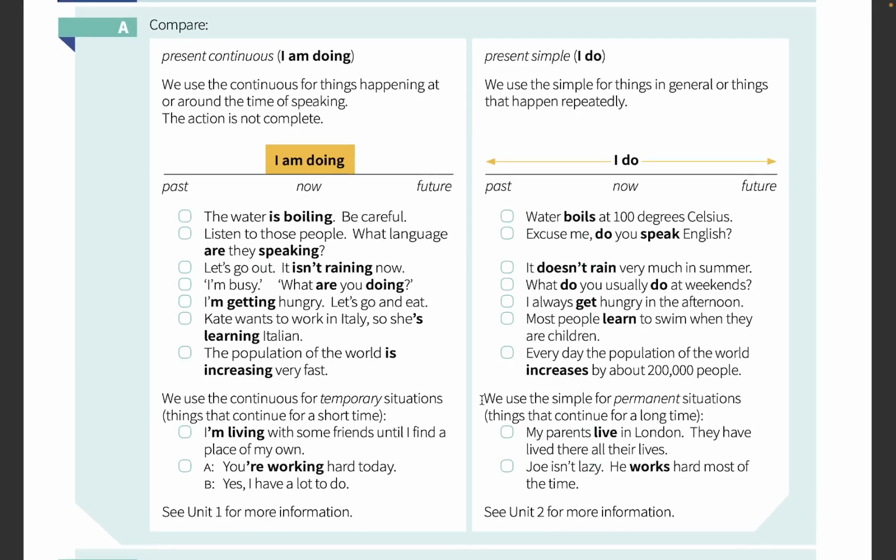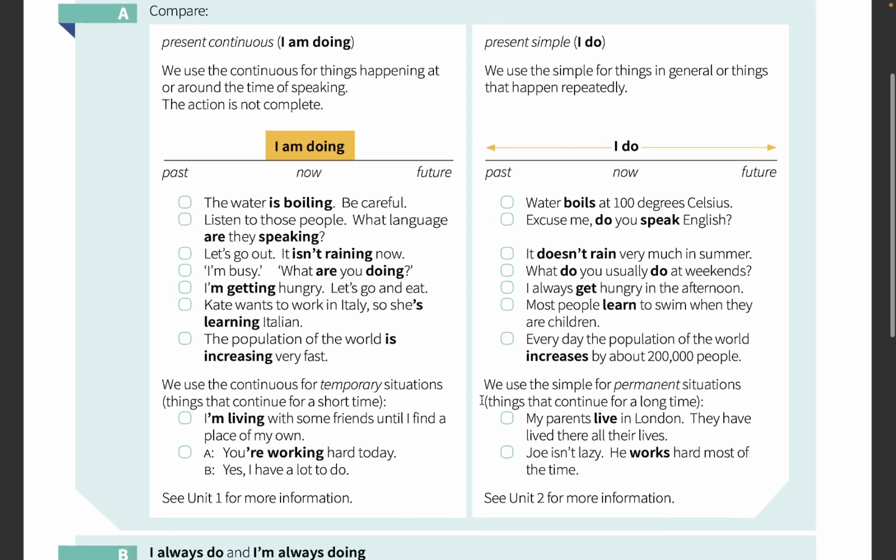So now we are going to compare the present continuous and present simple. As you guys can see on my screen, the left one is the present continuous and the right one is present simple. For present continuous, we use the continuous for things that are happening at or around the time of speaking. So the action is not complete.